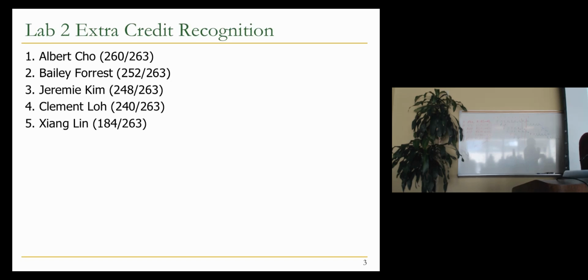I guess you missed something over there. Next time, don't miss it. But this is good. This is a microprogrammed implementation, if you remember. Bailey, yes, you're here. Jeremy, he's not here. He's usually working at that computer over there. Clement, you're in the back? Okay. And Xian.